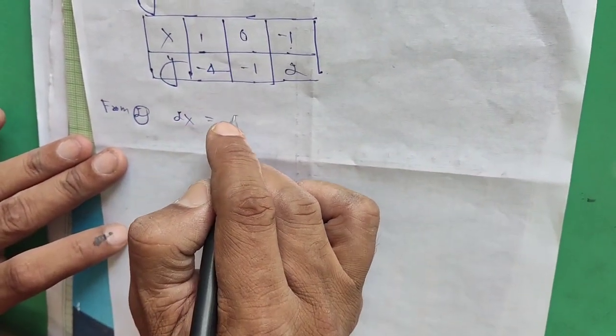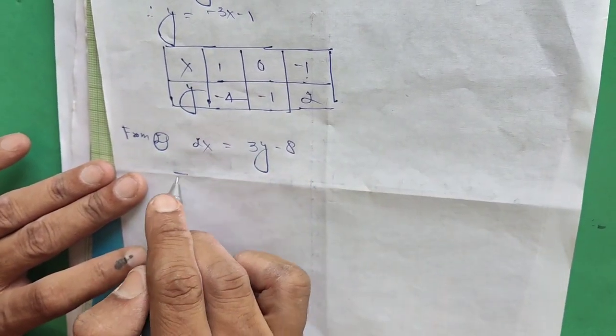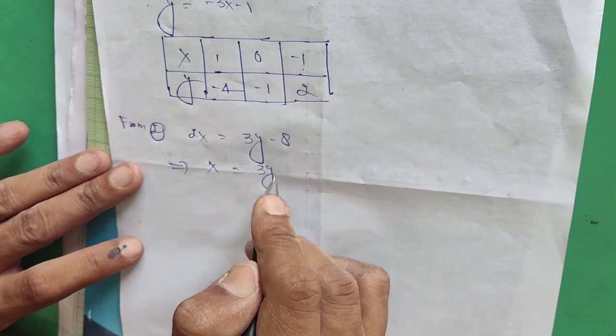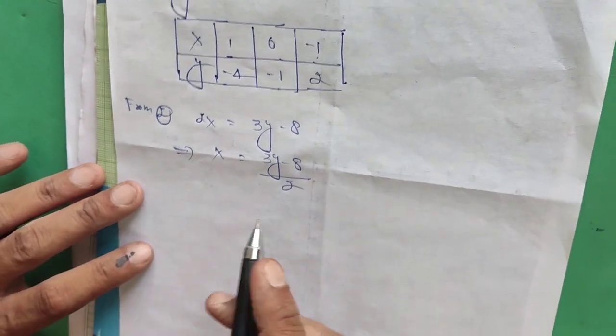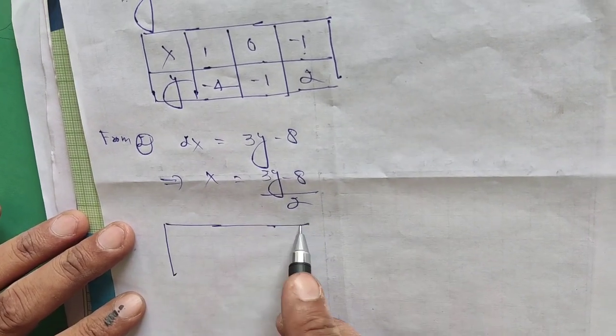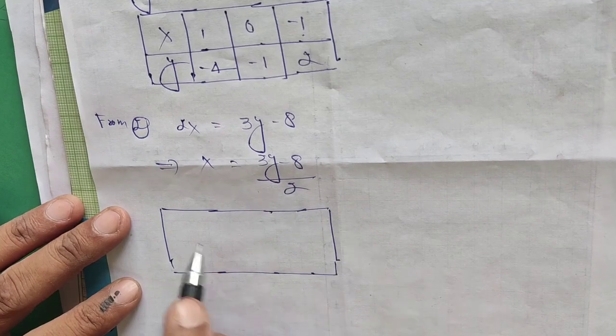So 2x is equal to 3y minus 8, and therefore x is equal to (3y minus 8) upon 2. So the values that lie on the second line can be written directly in this form.